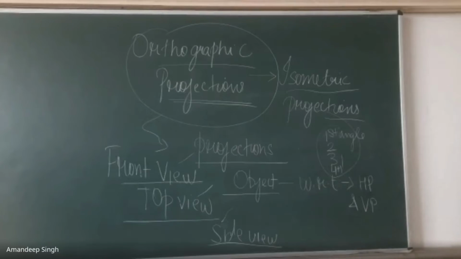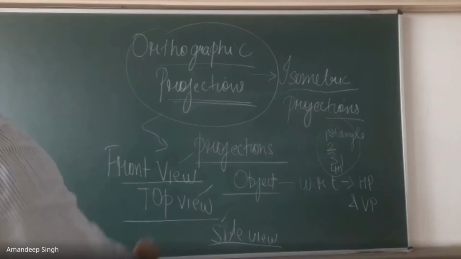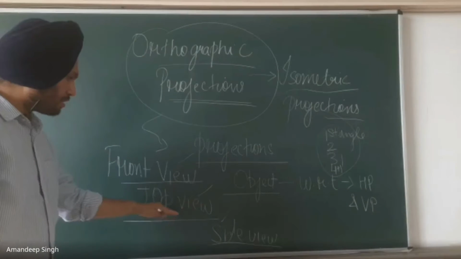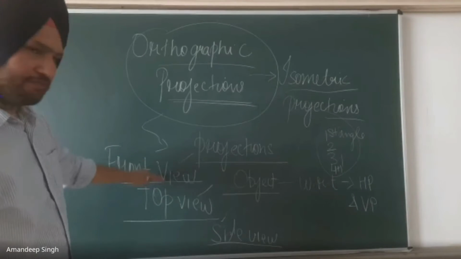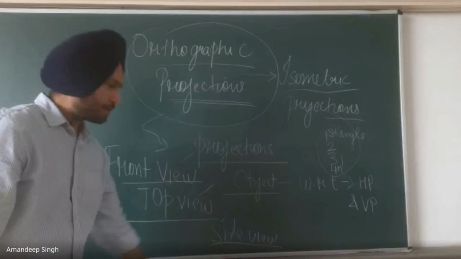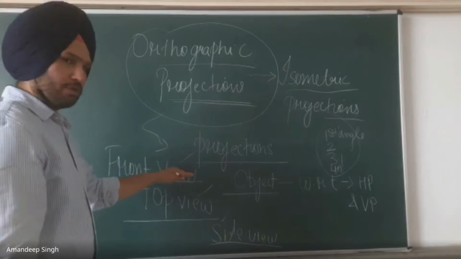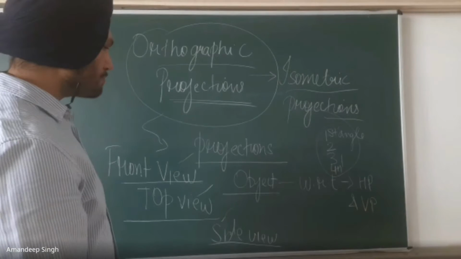In engineering language, the front, top, and side view projections are called the front elevation, the top plan, and the side elevation. Now, why am I adding the word elevation in this? What do you mean by elevation?